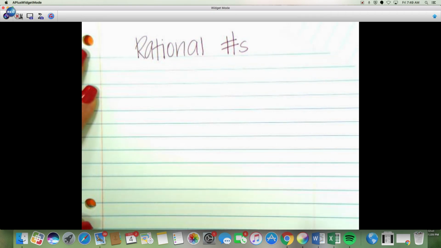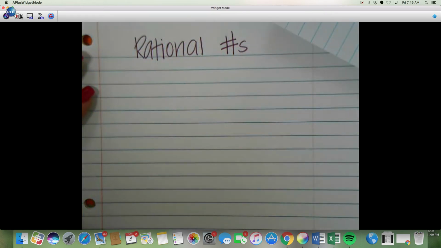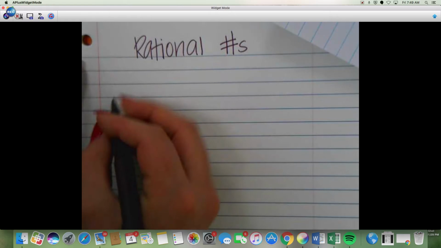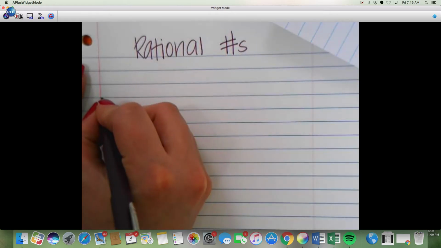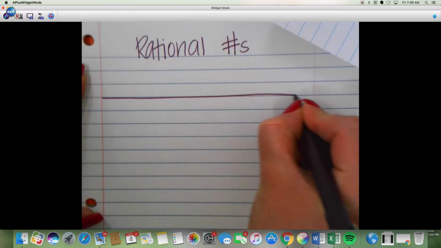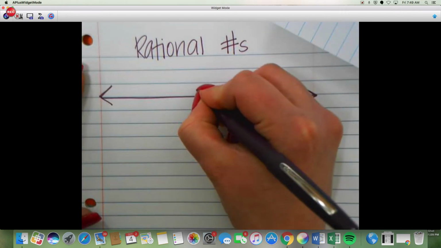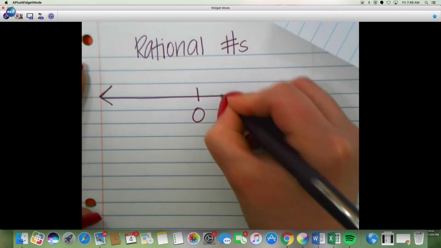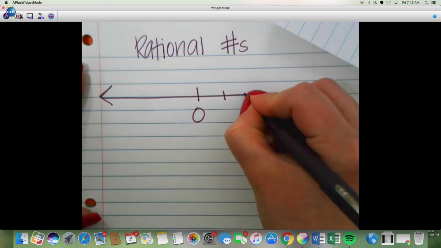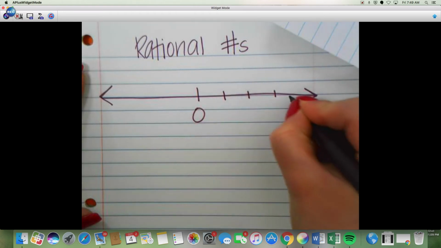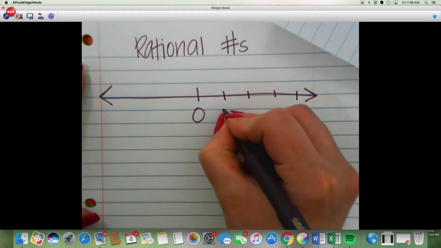And I want you to draw a number line, and I'm really only asking you to go to +5 and -5, but go ahead and draw it all the way across. I only went to 4, so that's fine too.